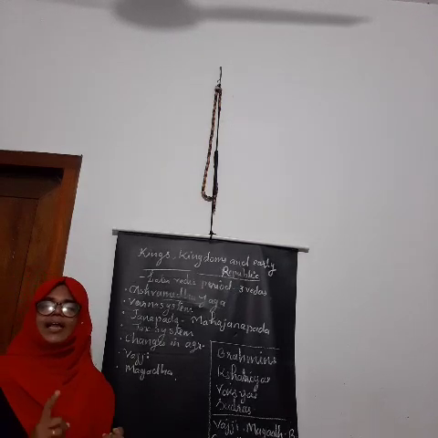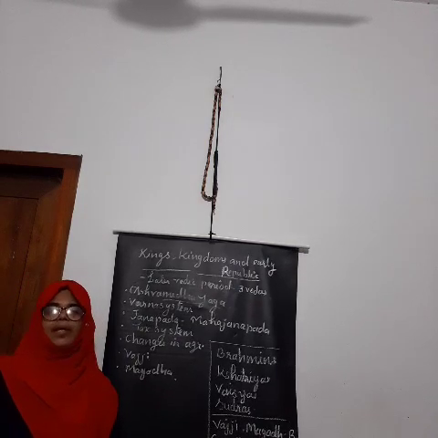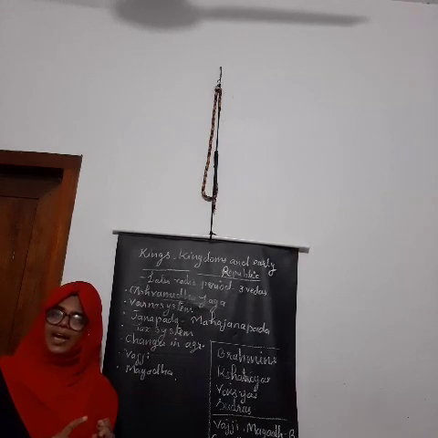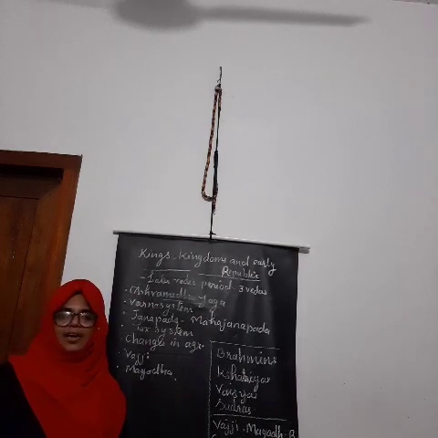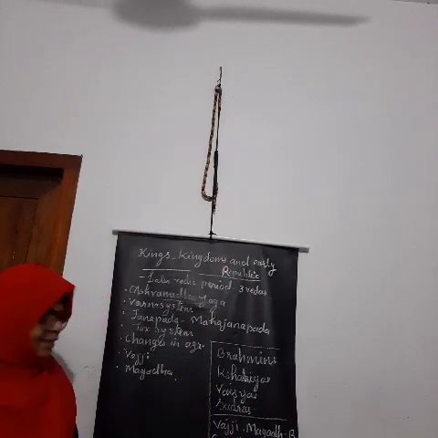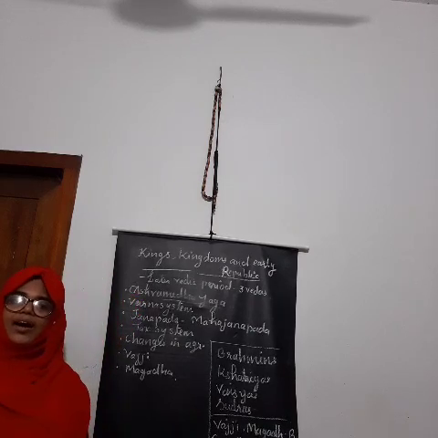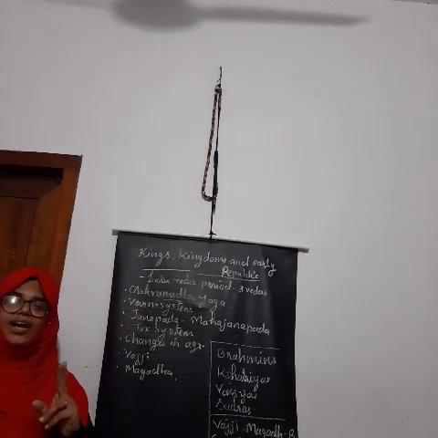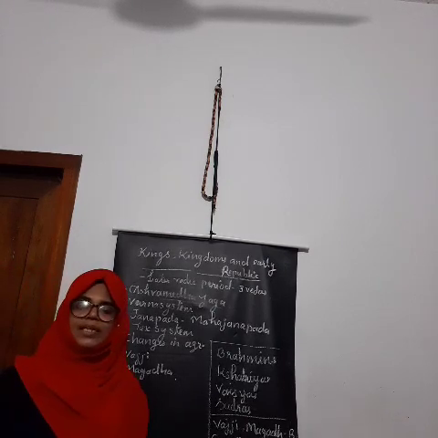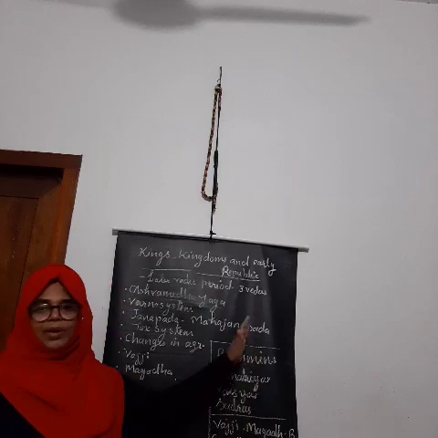Can we conclude? Vajji and Magadha in Bihar, Gandhara in Pakistan. Then what is there in Madhya Pradesh? Yes, Avanti in Madhya Pradesh and Panchala and Kosala in Uttar Pradesh. These are the examples of Mahajanapada.